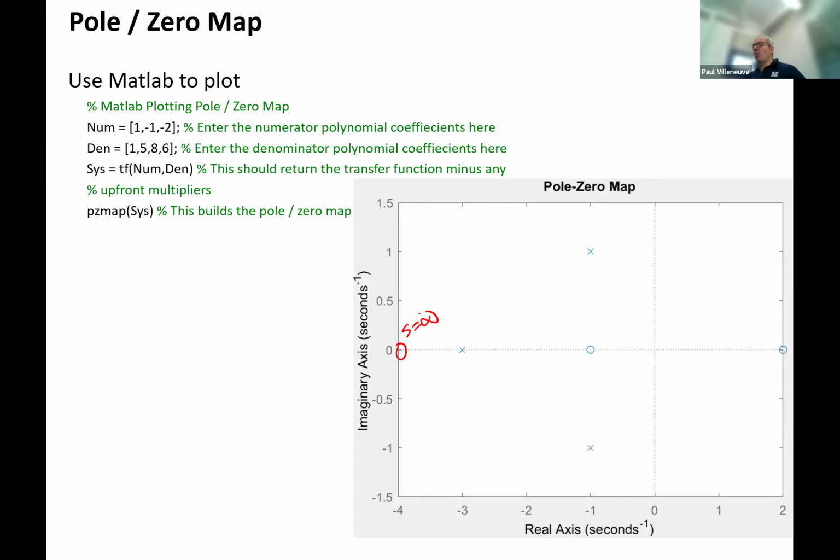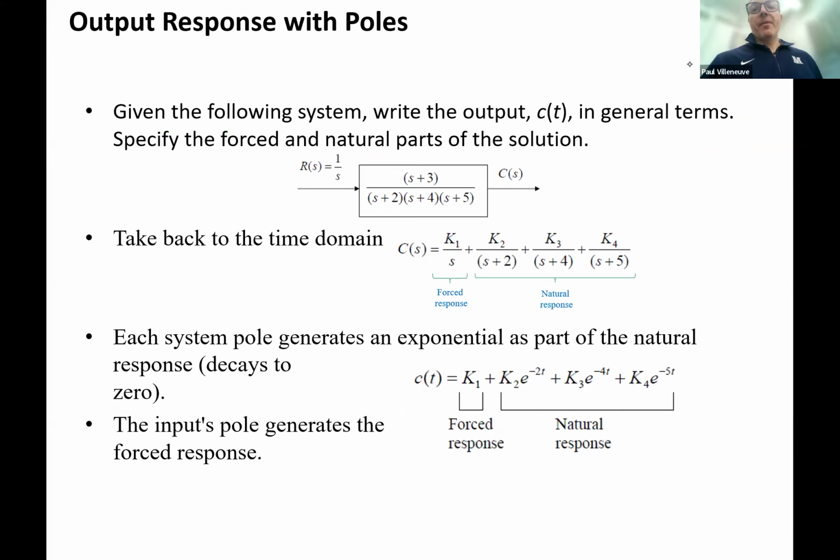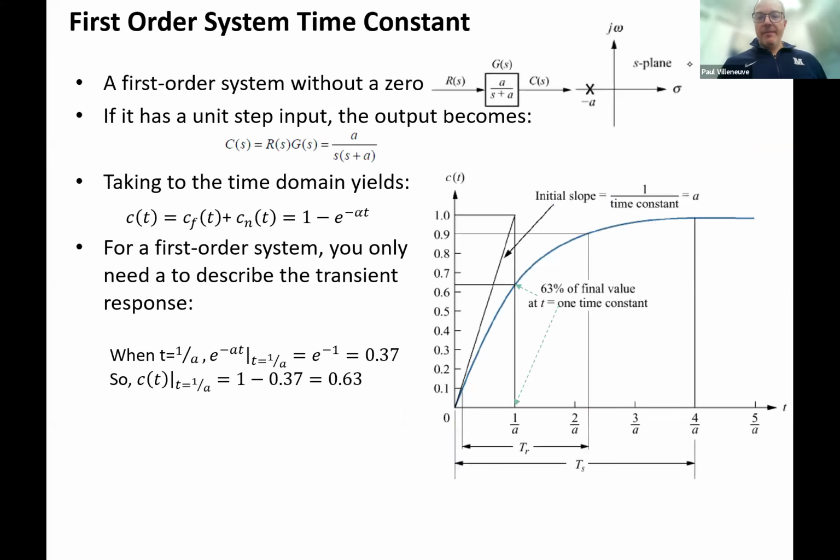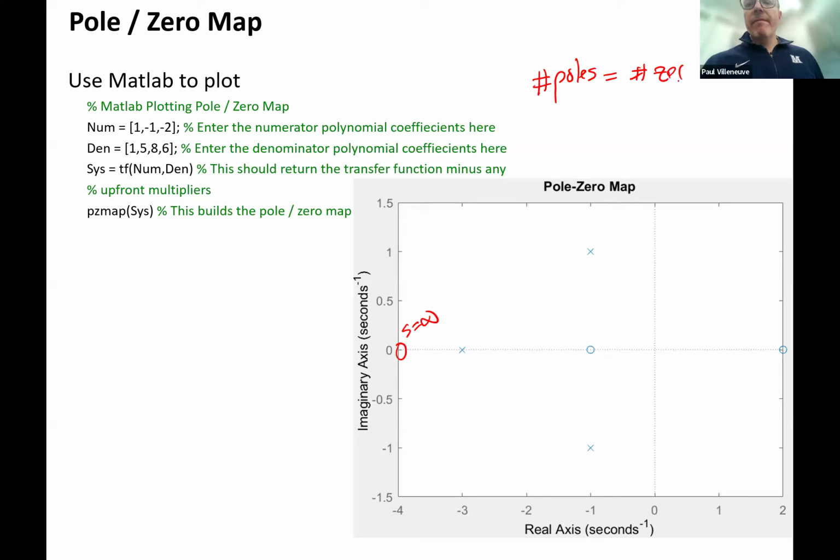And why is that important? Because we talked about this: the number of poles equals the number of zeros. Very important. You always have the same number of poles as zeros when you include infinities.